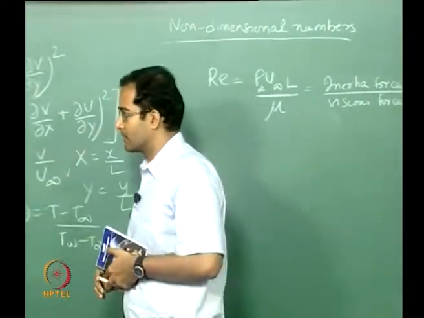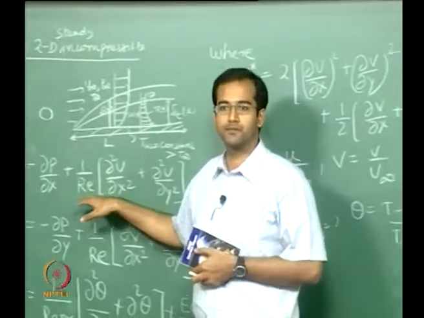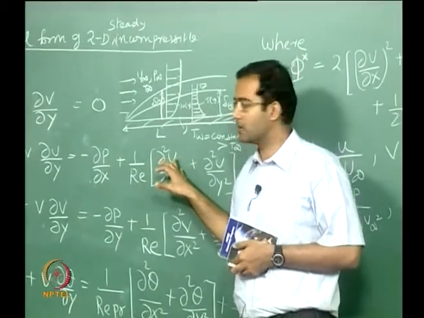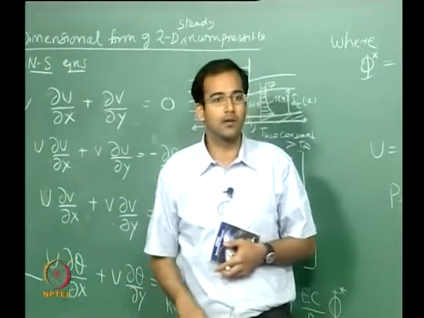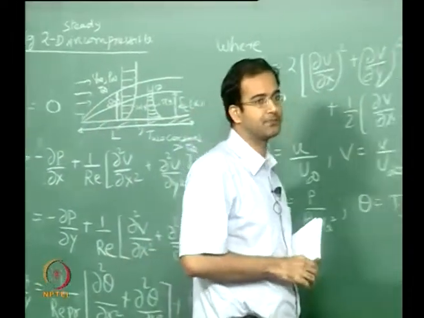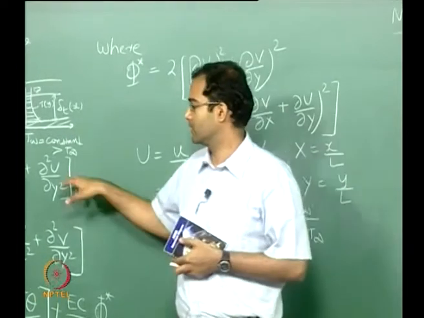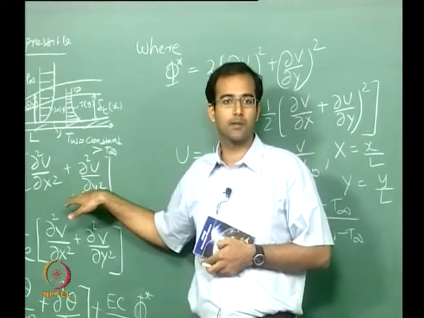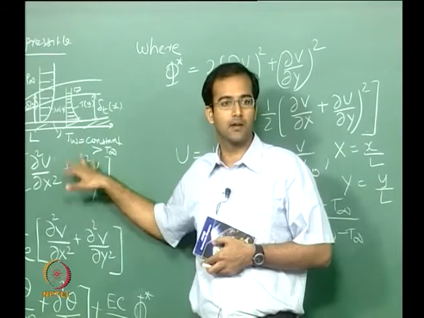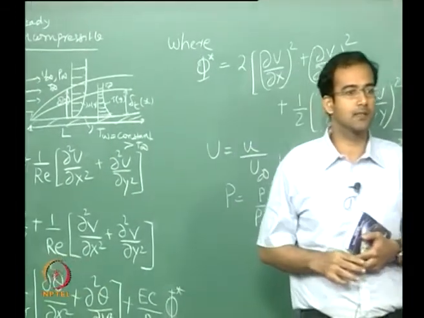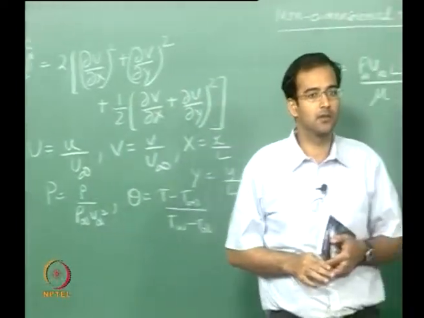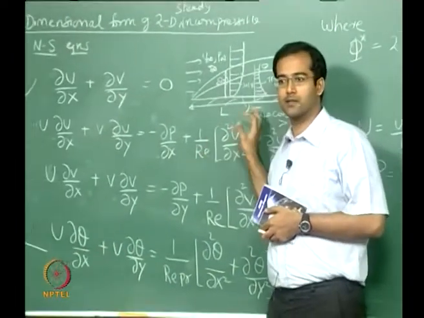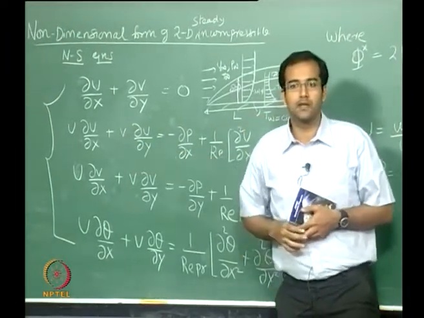If your Reynolds number is very small, then this term is dominant over the other term. So you can neglect, for example, the inertia compared to the diffusion terms right here. Under the limit of small Reynolds numbers, you can have a viscous diffusion dominant flow. At very high Reynolds numbers, you can neglect the diffusion terms compared to the inertial terms.